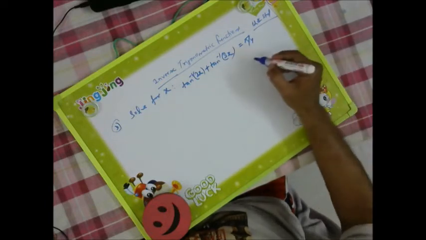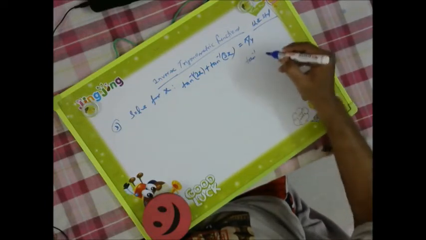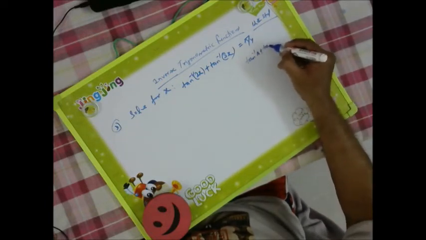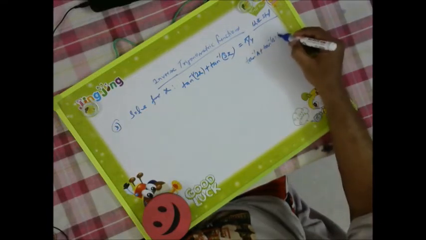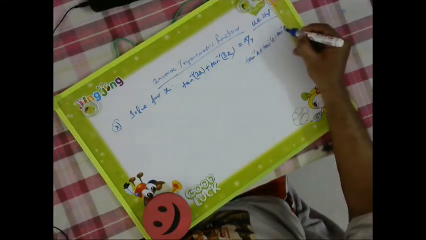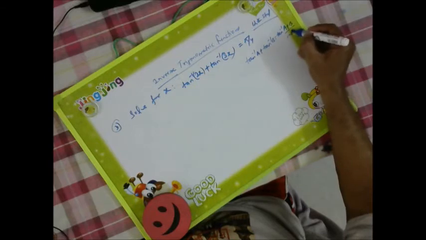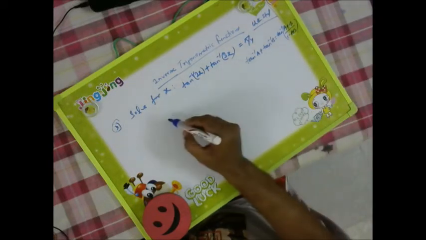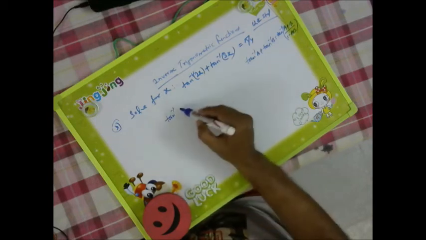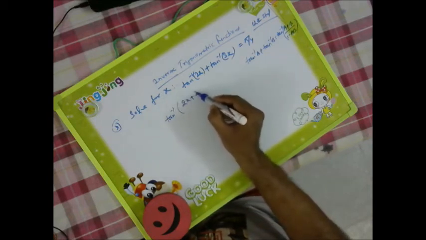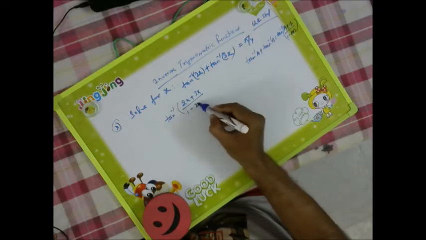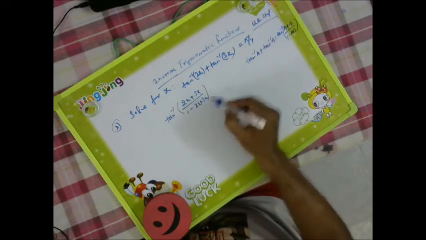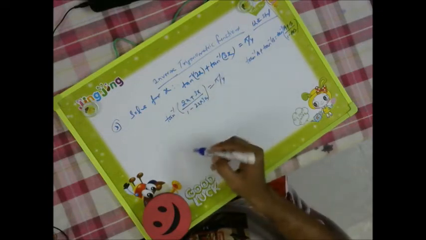So the same formula we are going to utilize as in the first question. Tan inverse A plus tan inverse B is equal to tan inverse of A plus B by 1 minus AB. So here it will become tan inverse of 2x plus 3x divided by 1 minus 2x into 3x, and is equal to pi by 4, right?